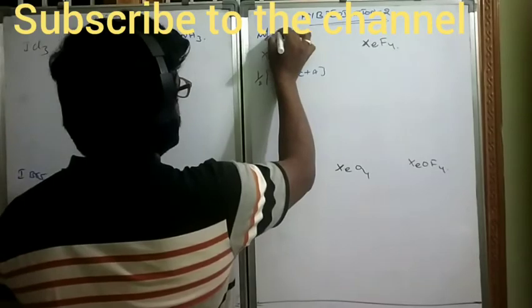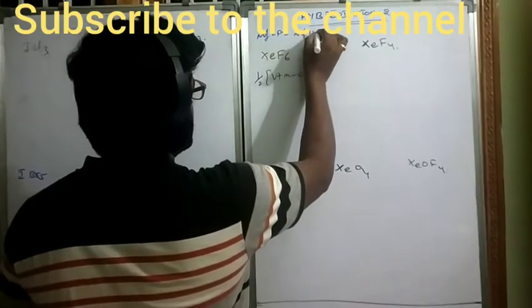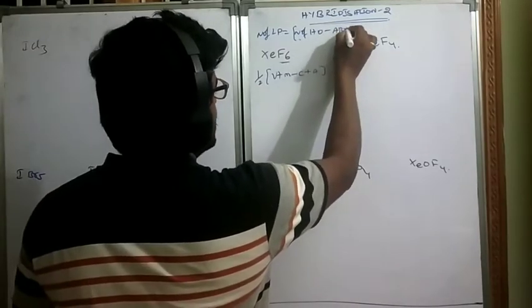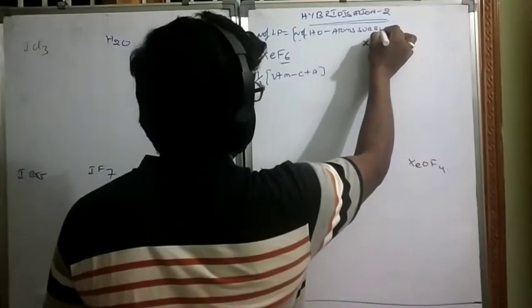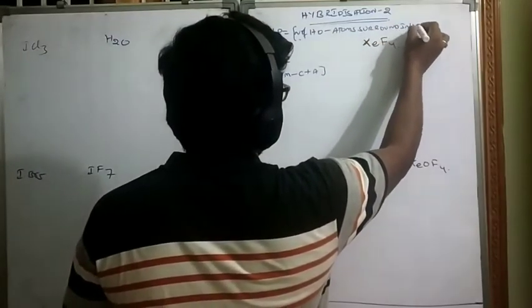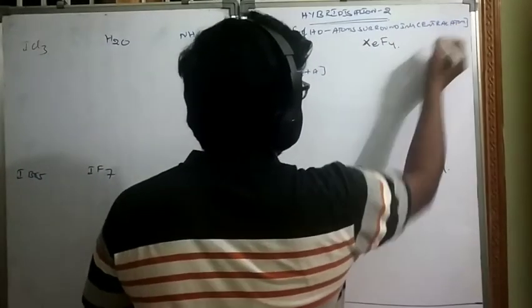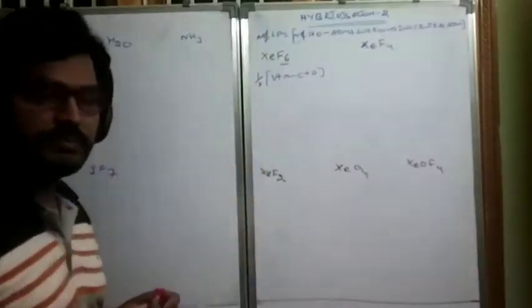Number of lone pairs is equal to number of hybrid orbitals minus atoms surrounding the central atom. Here I am telling you how to find the lone pairs also.